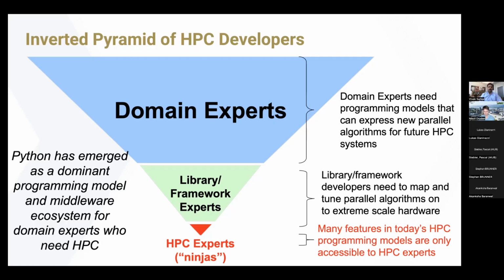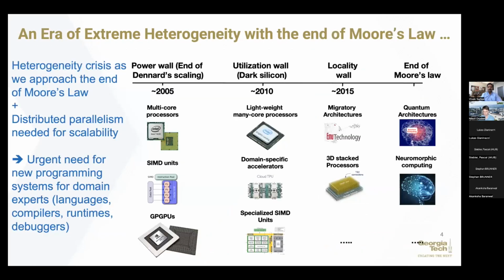So in this part of it, I'm going to focus a large part of my talk on the Python language, which has been an interesting journey for me and my group to get there. And the main reason, as I'll say in a bit, is it is the dominant programming language and in fact, ecosystem for domain experts who need high performance computing. And certainly this is most visible recently in machine learning and AI applications.